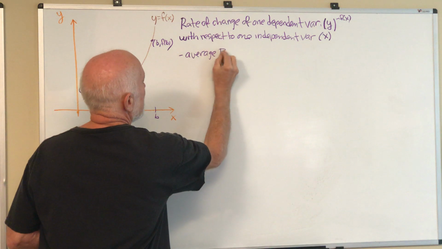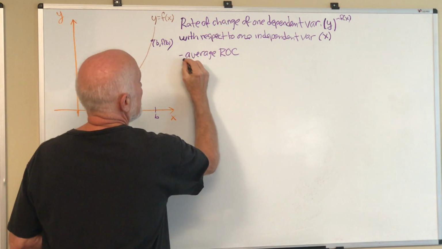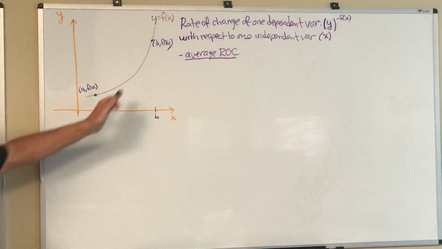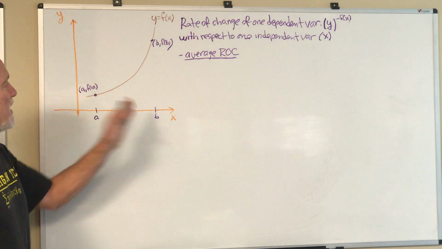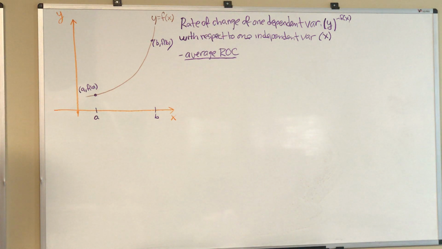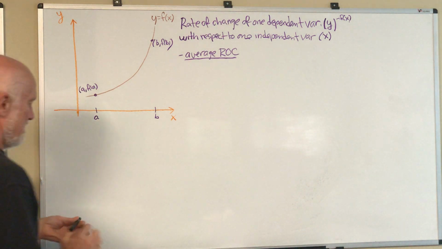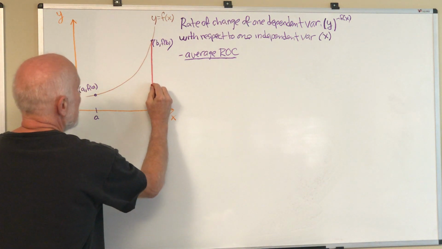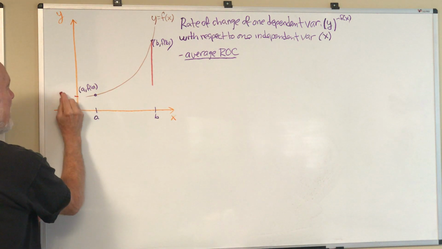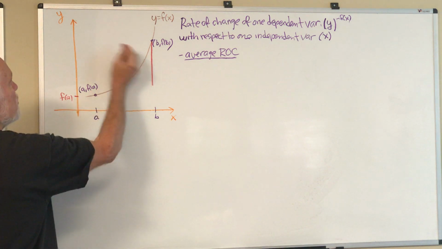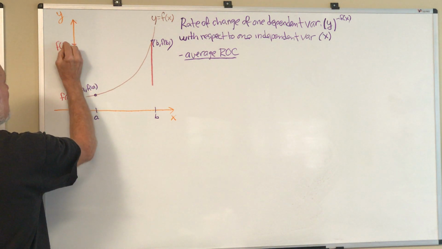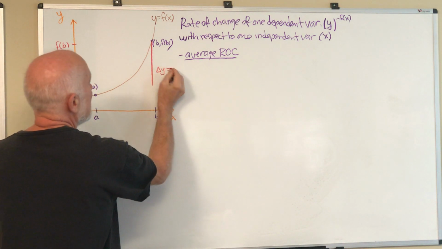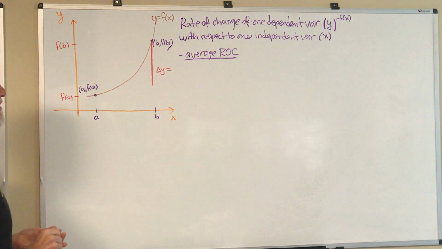And I'm just going to go rate of change. And it's going to be the rate of change of y with respect to x. So what is the change in y? Well, the change in y is that distance there. You're going from f of a is your y value to f of b. So this is the change in y. And it's f of b minus f of a.